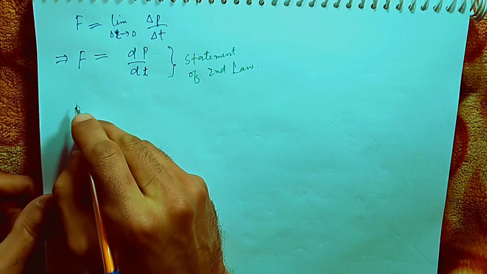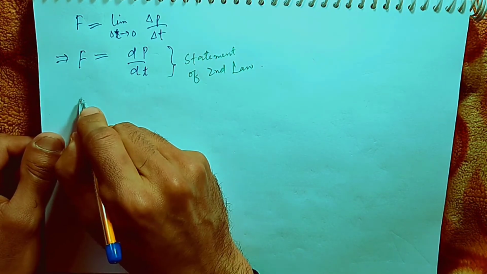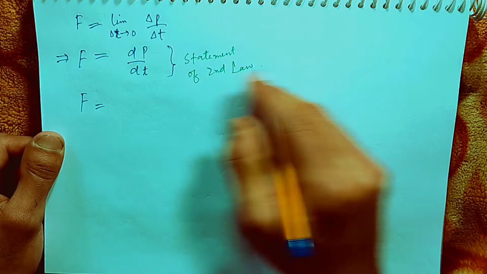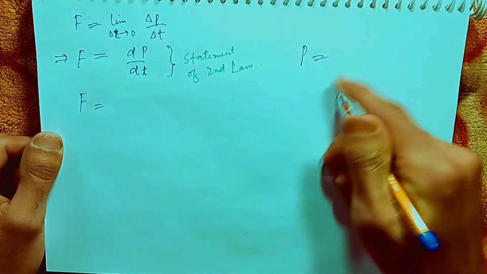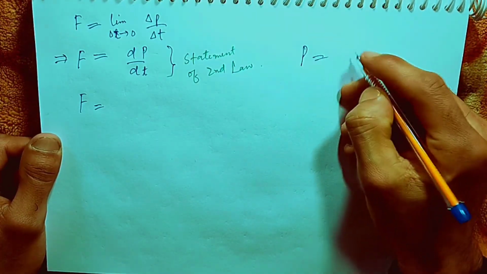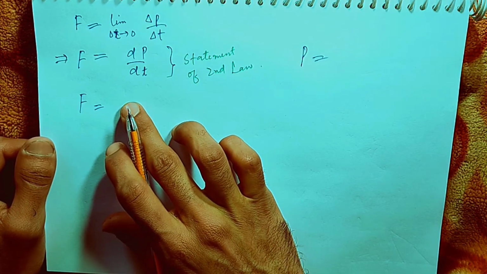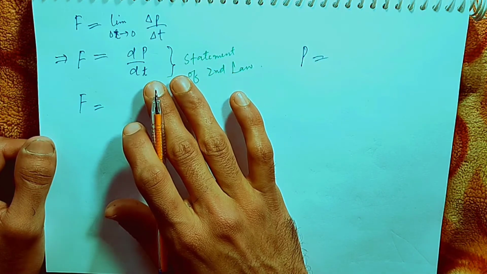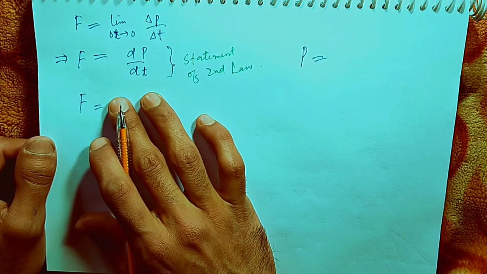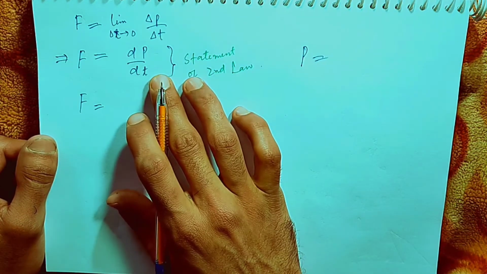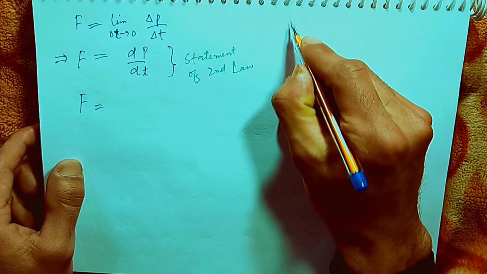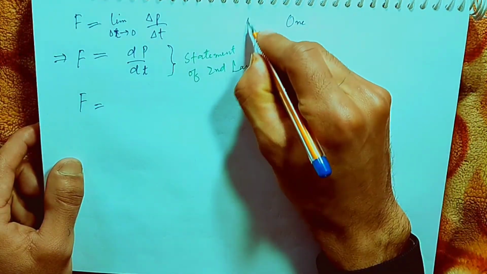Furthermore, we can derive from this statement. I am solving these mathematical equations in scalar form, although these are vector quantities, because I am supposing that the action is taking place in one direction only.